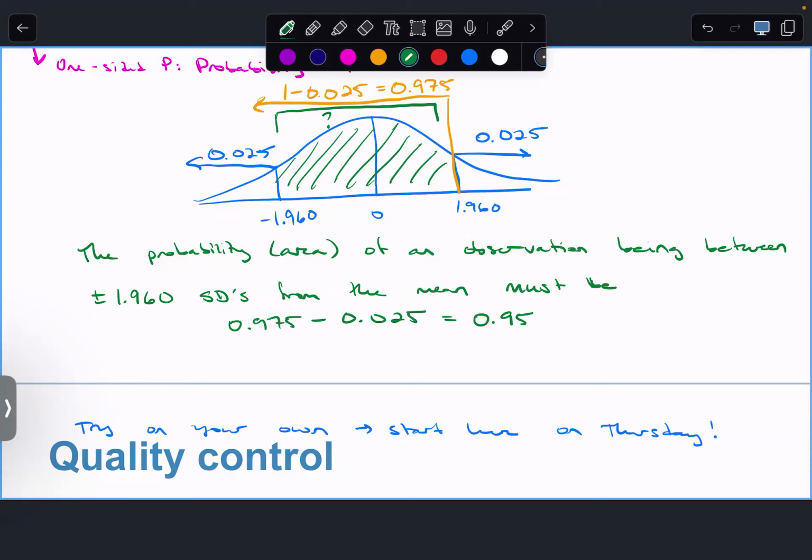So 95% of the curve is within negative 1.96 and positive 1.96.